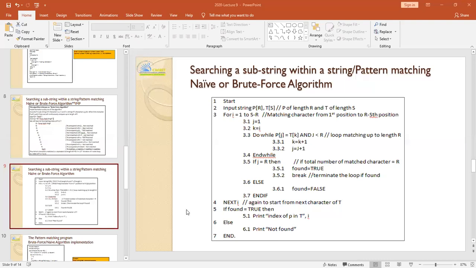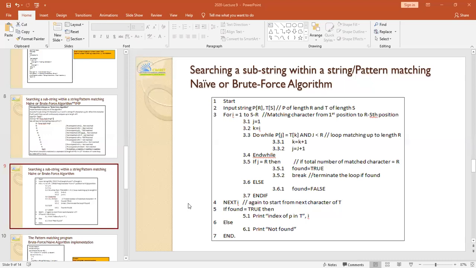You are telling it as end. Sorry, it will be the total number of characters. The total number of characters in the pattern, that will be the R value.